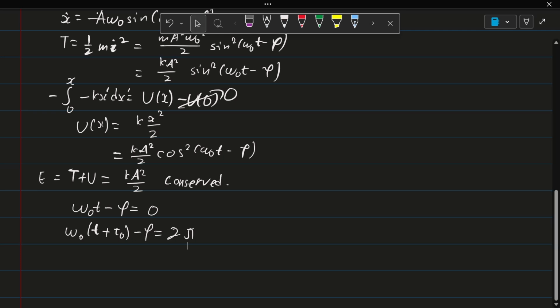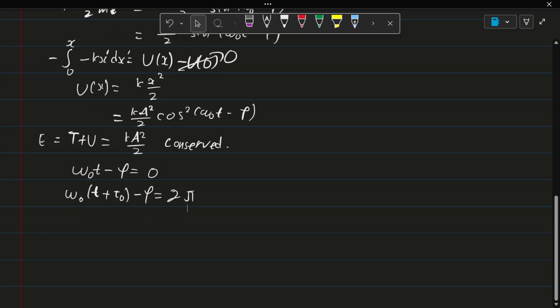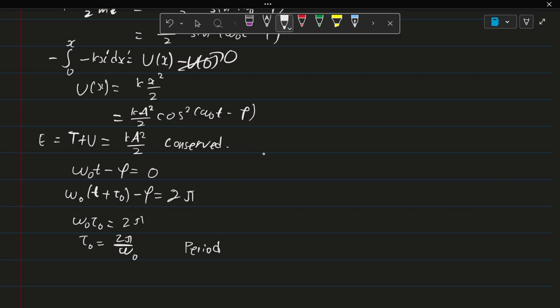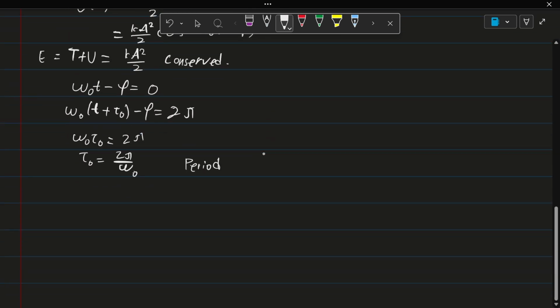And so you could solve what tau 0 is. Just subtracting both of the equations, you would get omega 0 tau 0 would be 2 pi. And so what you would get here is tau 0 is 2 pi over omega 0. And this is what we call the period of the oscillation. So this is the time that it takes for it to go back to its original position.